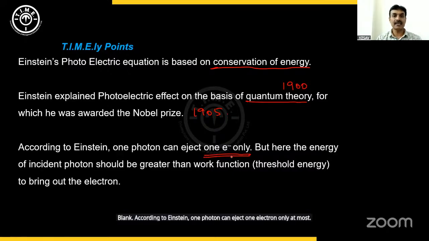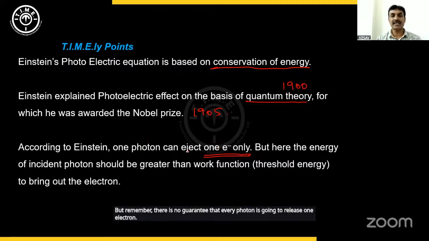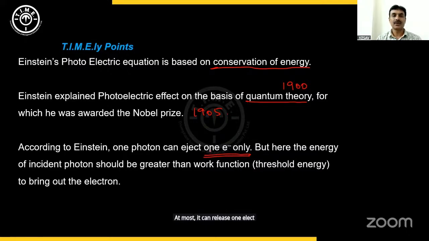But remember, there is no guarantee that every photon is going to release one electron. One photon may emit one electron, or it may not be able to emit any electron. So, one or none possibility it is. But it cannot emit more than one electron at any cost.